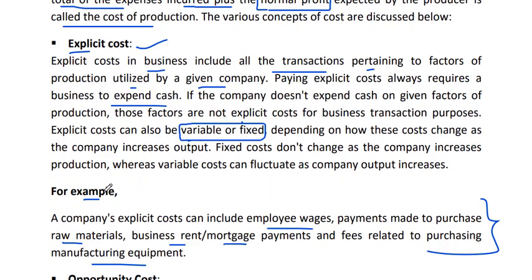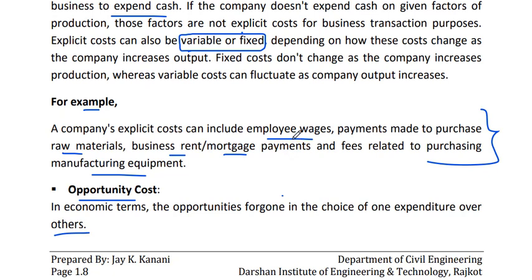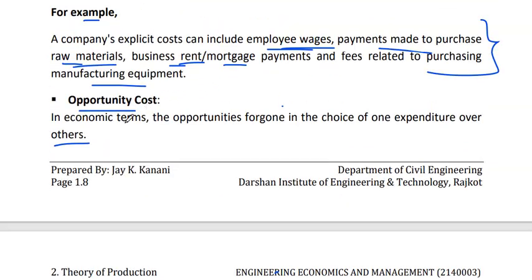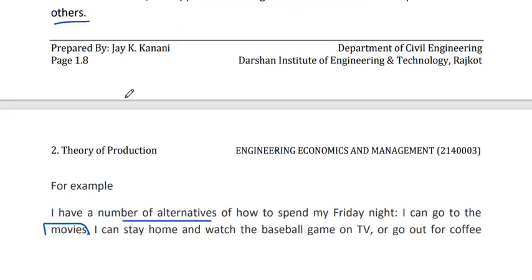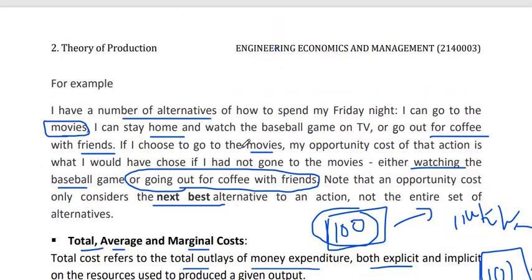Explicit cost: all the salary, payment, raw material, rent. Opportunity cost: if I go to the movies, then watching the baseball game or going out for coffee with a friend is the opportunity cost, the next best alternative to the action.